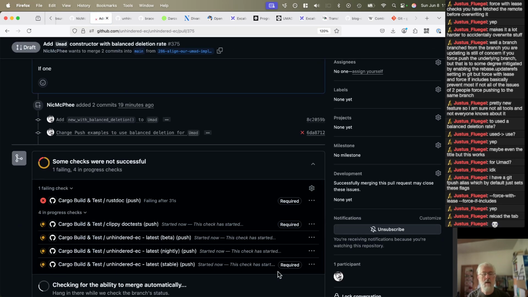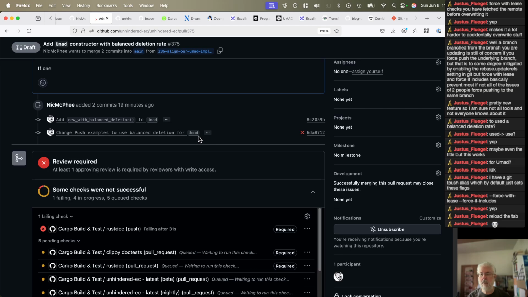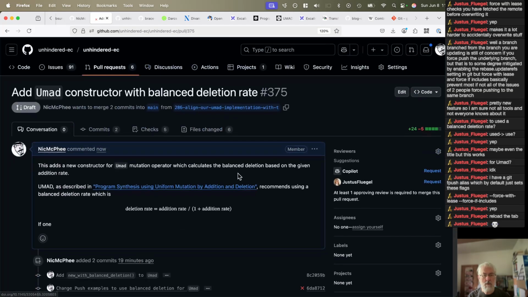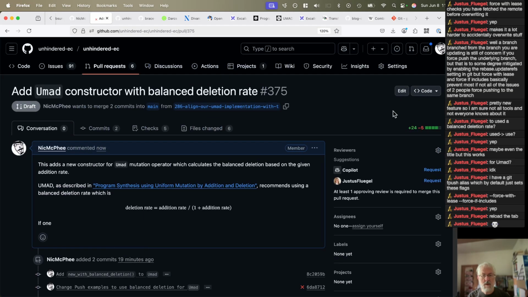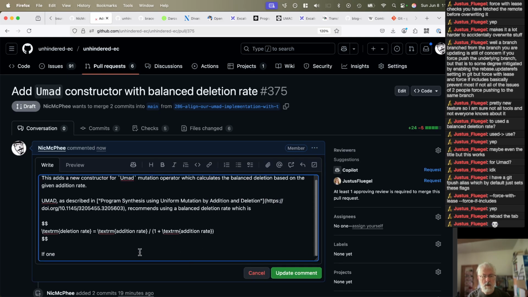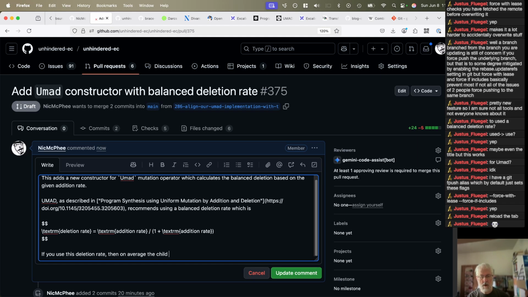And then, yep, that did update both of these. Cool. So now I want to continue to write this. If you use this deletion rate, then on average, the child genome will have the same length as the parent genome.